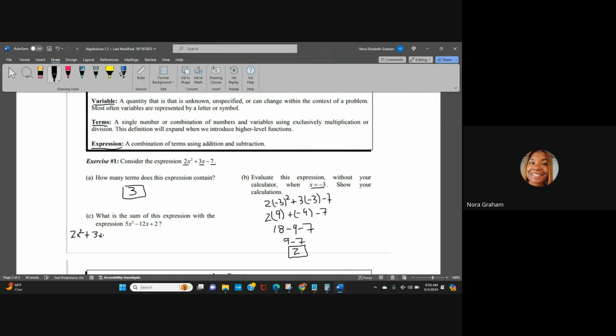They said the sum, and sum means to add. Notice I put the second expression that I'm adding in parentheses, because sometimes when we subtract them, we have to use the distributive property and distribute that negative through, or even if we're multiplying by something, we have to distribute through. So I'm always trying to be safe by putting the parentheses.